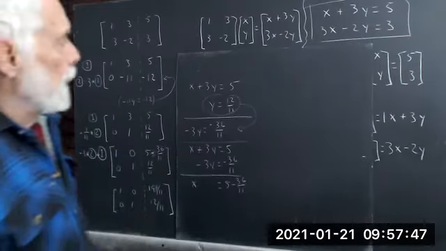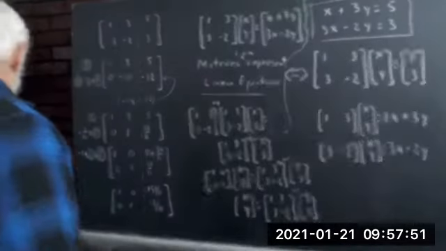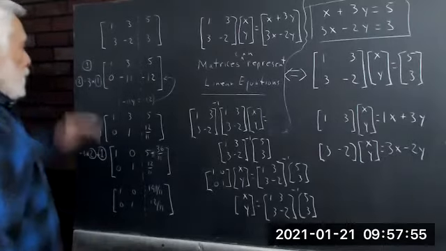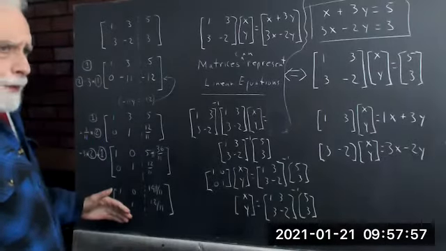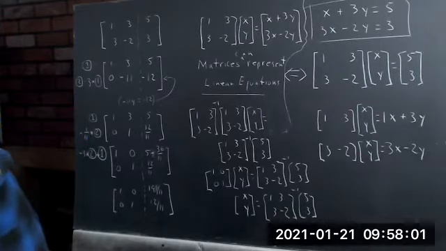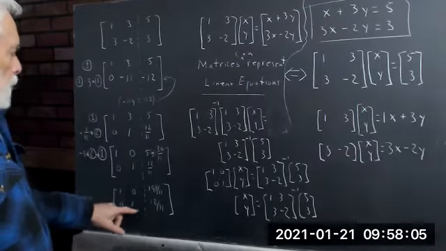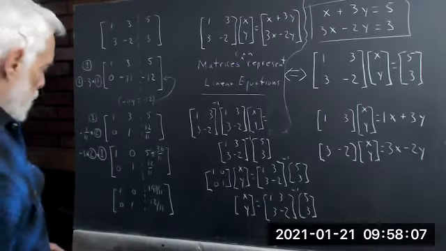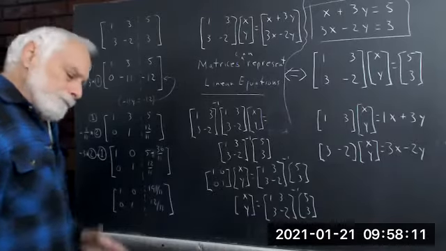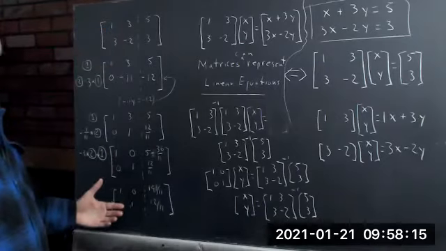Okay, so this idea of row operations is very profound, very important. This process is called Gaussian elimination. And this form is called row echelon form. So you can read the terminology, but this is the process.